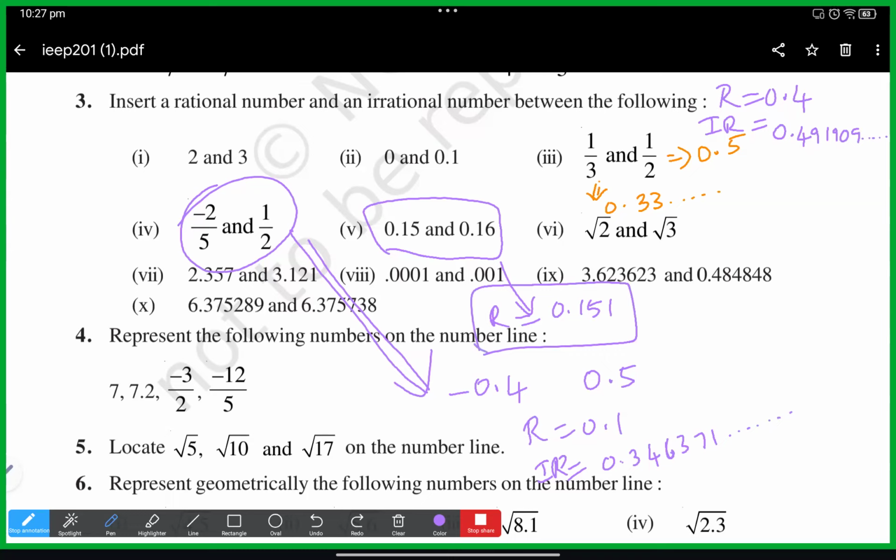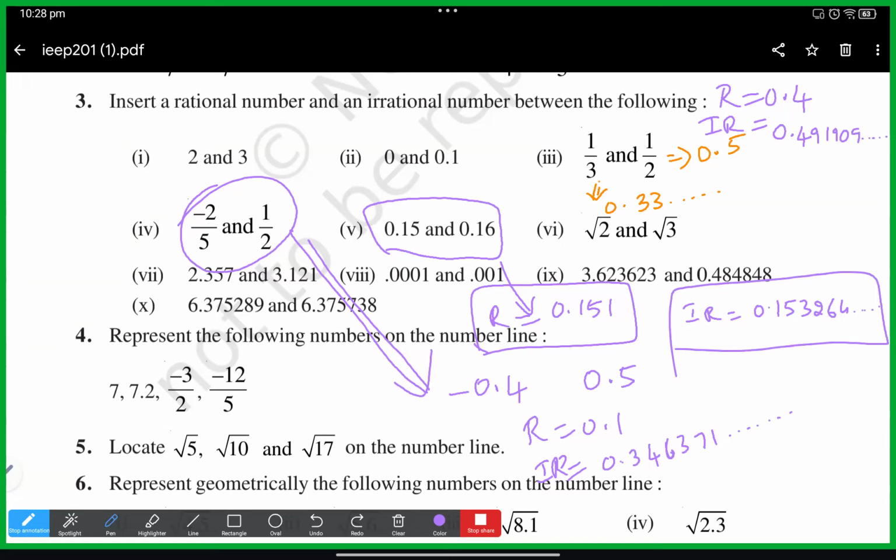And irrational is going to be 0.15326 and so on. Yes, that is correct.